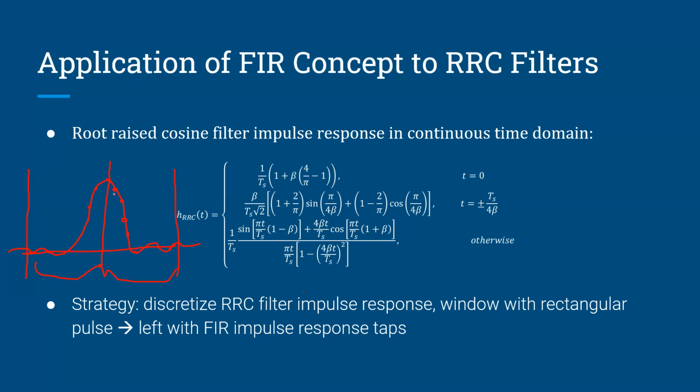The other thing is, as I wrote it here, if this is t equals 0 in the center, this is a non-causal filter, meaning the impulse response before time equals 0 is non-zero. And those are impossible to create in the analog domain. They are possible in the digital domain.